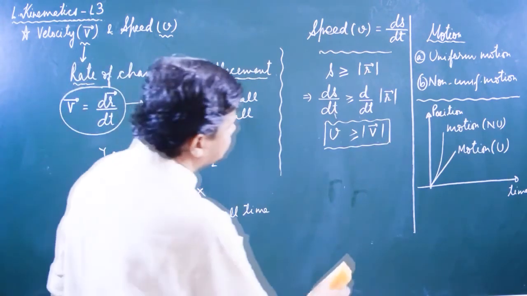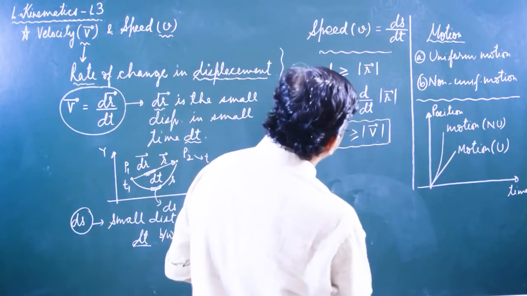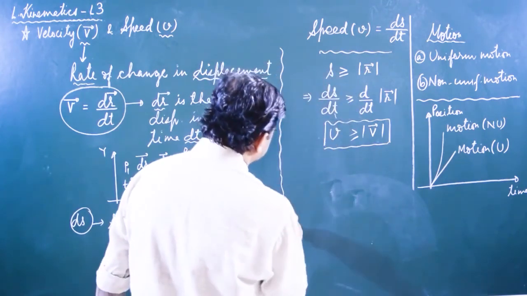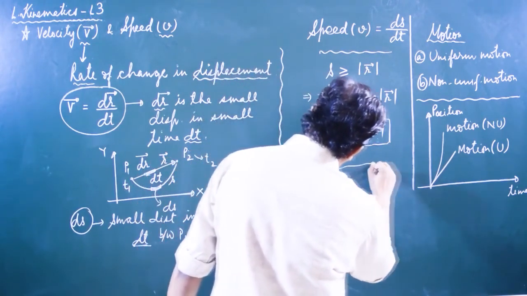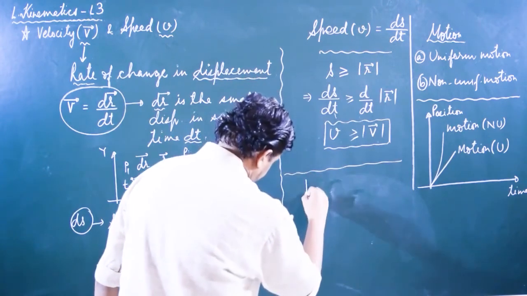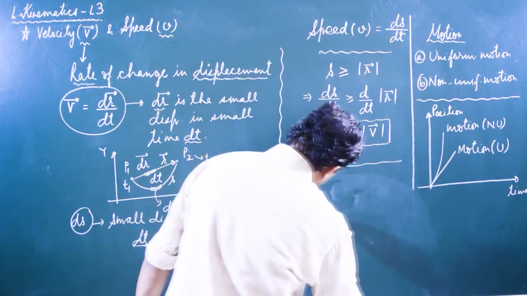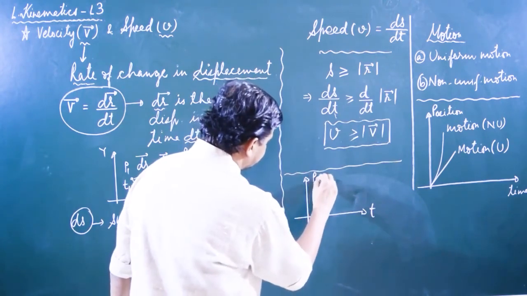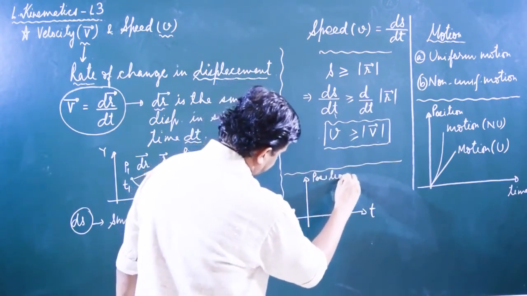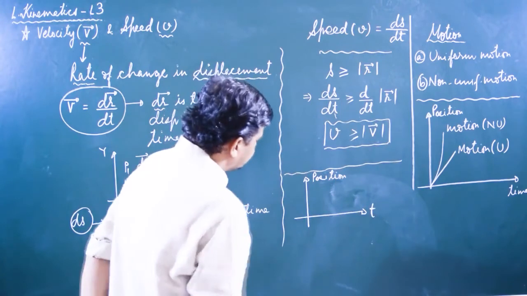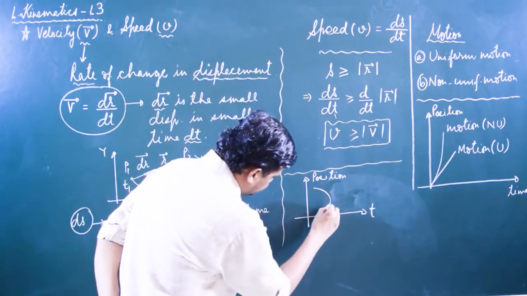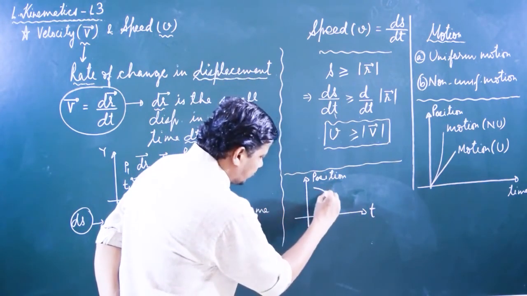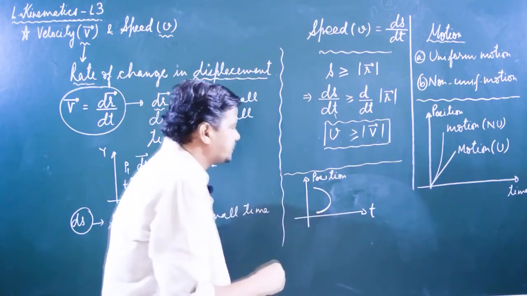Okay, we are coming to one more graph. It is again a position time graph. See, what is the possibility of this graph?